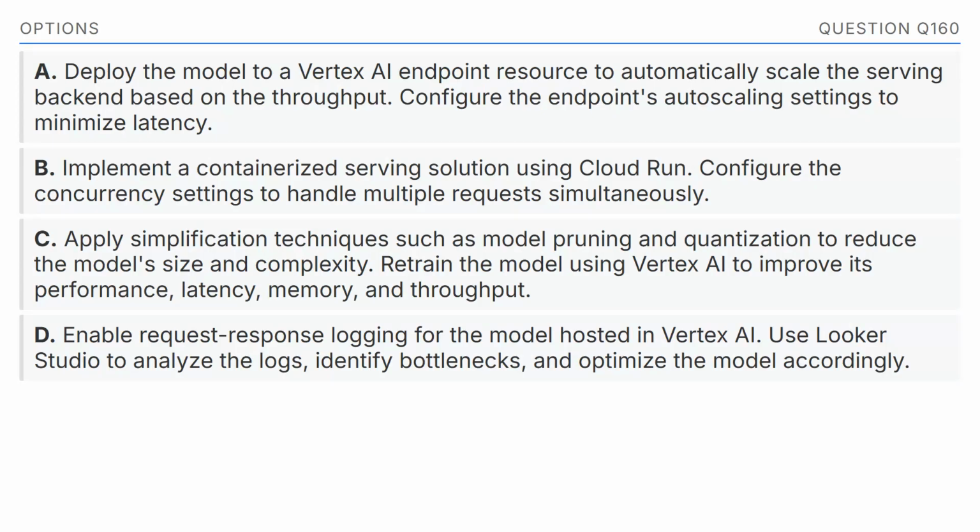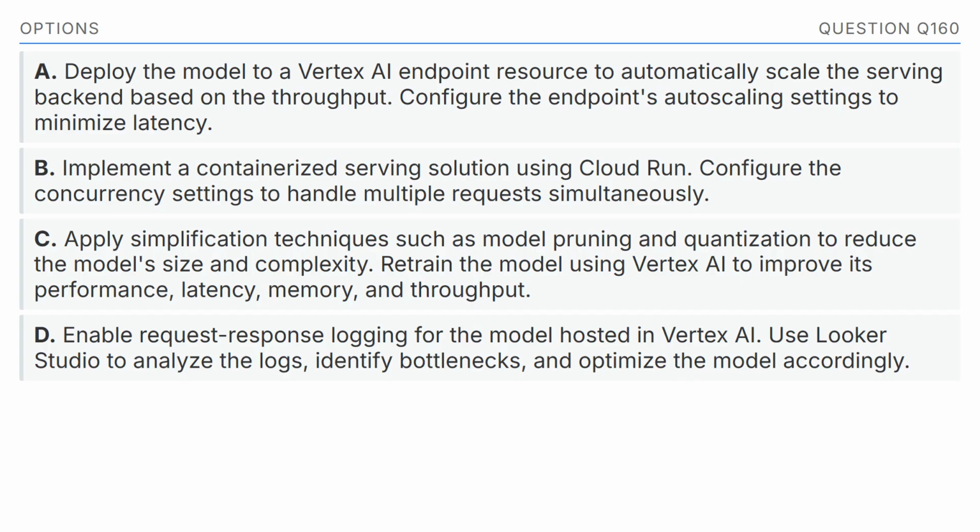The options are: Option A, deploy the model to a Vertex AI endpoint resource to automatically scale the serving backend based on the throughput. Configure the endpoint's auto-scaling settings to minimize latency. Option B, implement a containerized serving solution using Cloud Run. Configure the concurrency settings to handle multiple requests simultaneously.